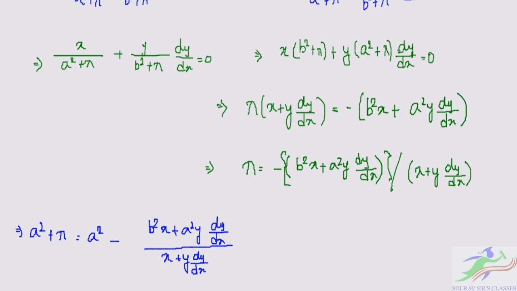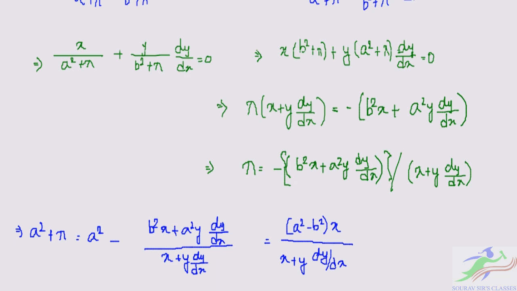Solving this, it will be simply a square minus b square x by x plus y dy dx.